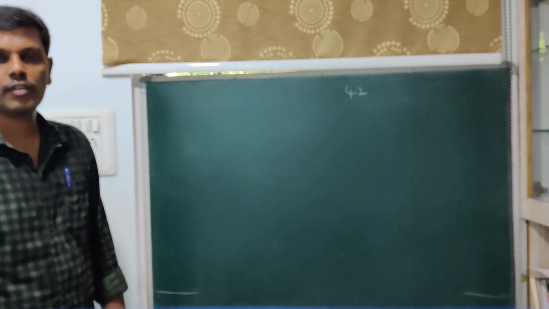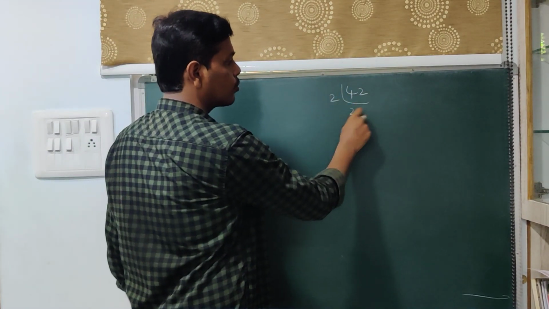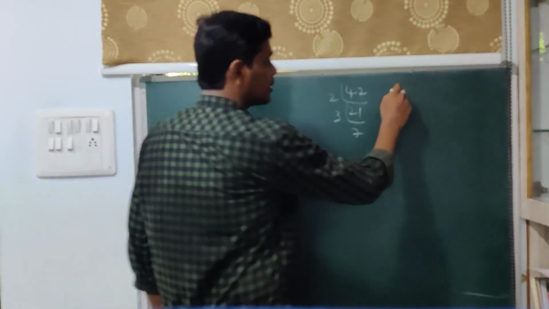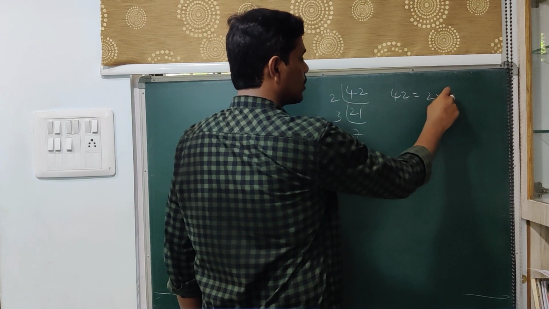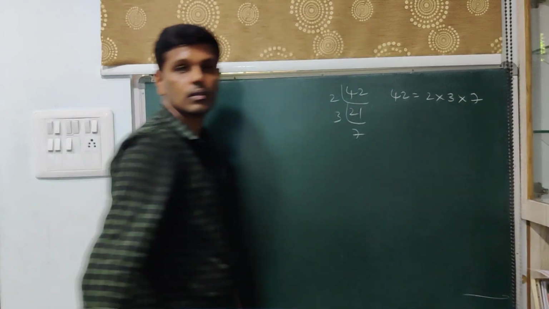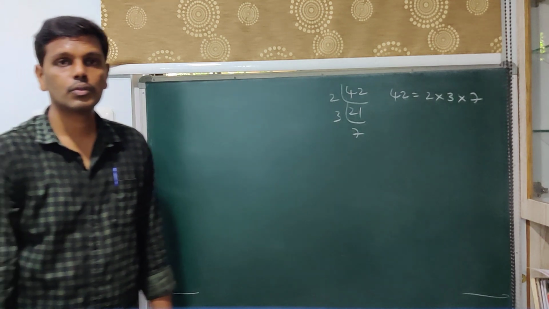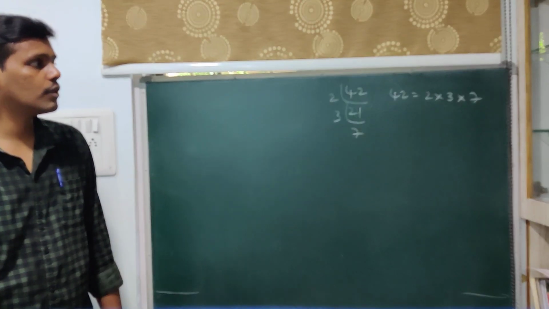How do you do the prime factorization for that number? 2 times 21, then 3 times 7, and we say that the prime factorization of 42 is 2 into 3 into 7.